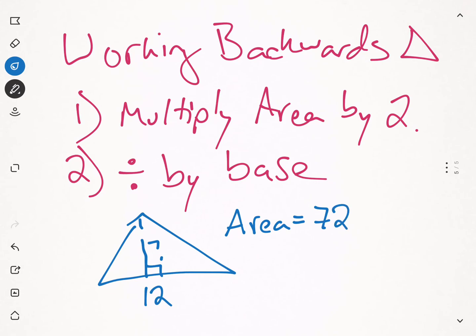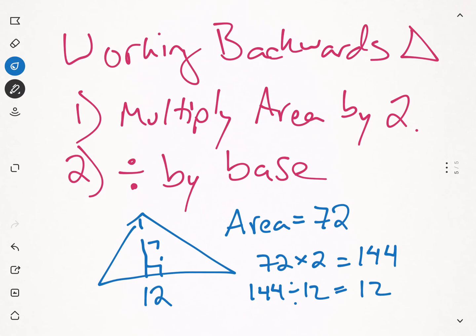Okay, so step 1, we multiply the area by 2. 72 times 2 is 144. Divide that by the base, and that gives us 12 as well, so that's the height. 12 is the height.